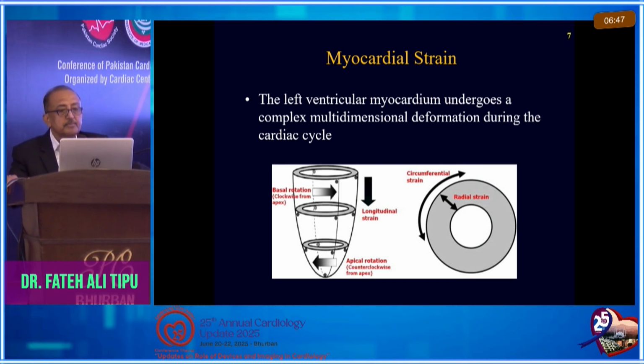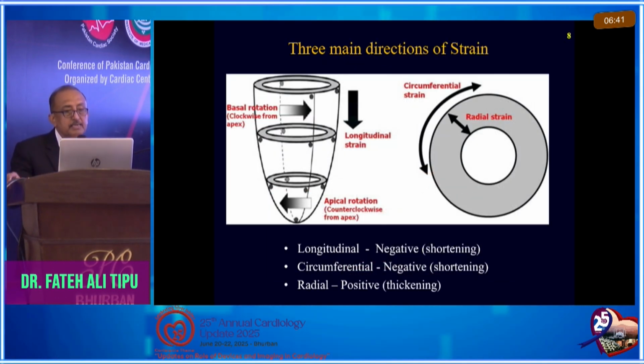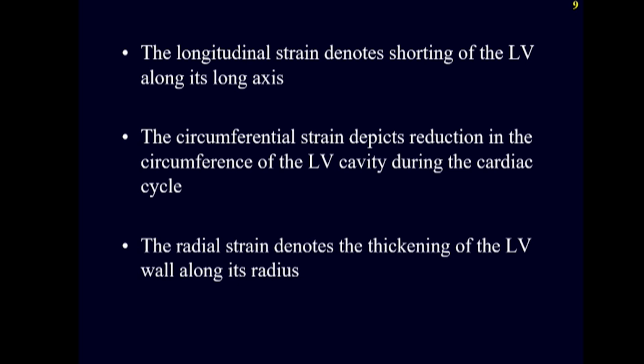Actually, the left ventricular myocardium undergoes a complex multi-dimensional deformation during the cardiac cycle. And there are three main types of strain. One is the longitudinal strain, the other is the circumferential strain, and the third one is the radial strain. The longitudinal strain denotes shortening of the LV along its long axis.